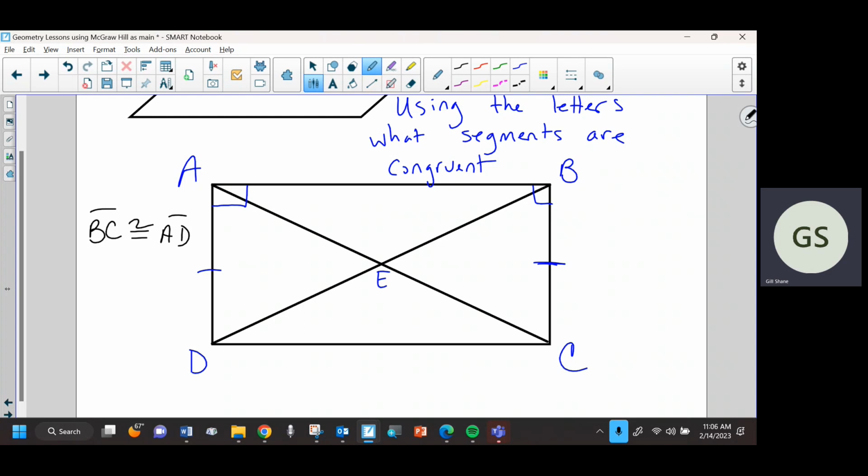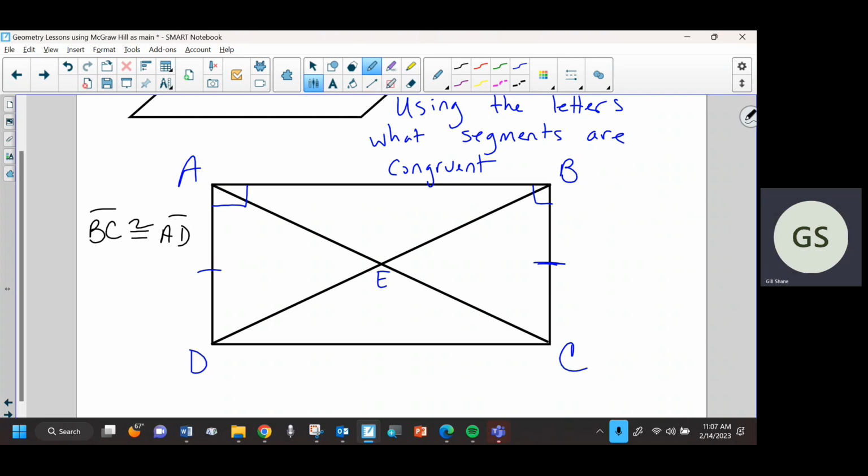Alex, what else is congruent up there? A and B are not segments. Again, this class was going to be off technology today, but boy, it's a rectangle, people. Like one of the most basic shapes you've ever gone through in your life.